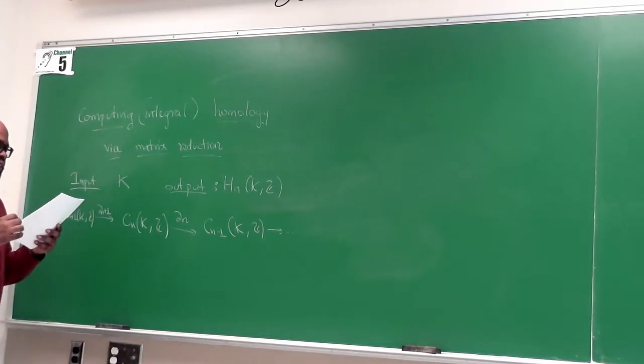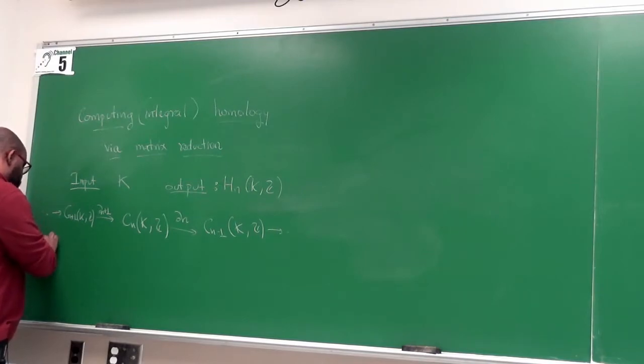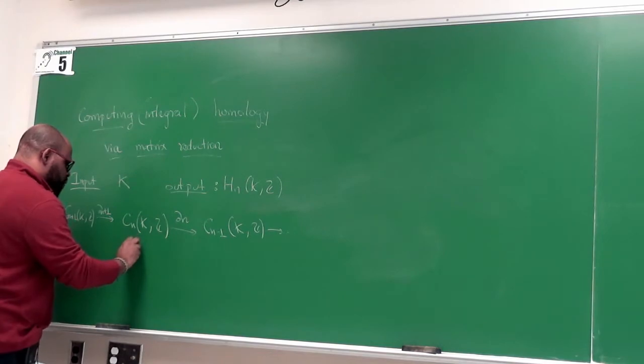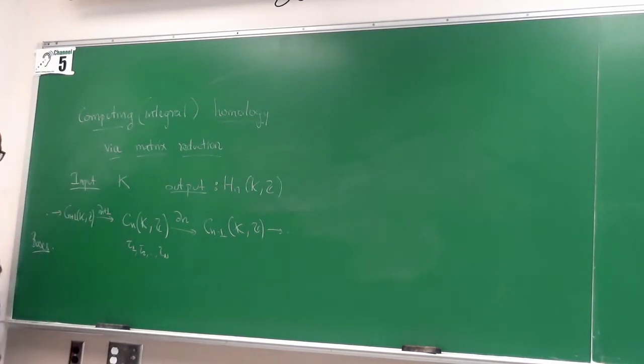So here, let's say that we have our bases, say, tau 1, tau 2. Today I'm going to use MATLAB indexing just to annoy the Python purists.